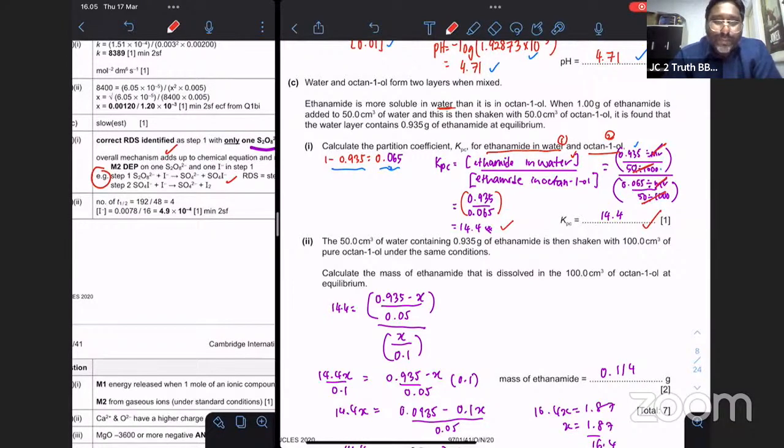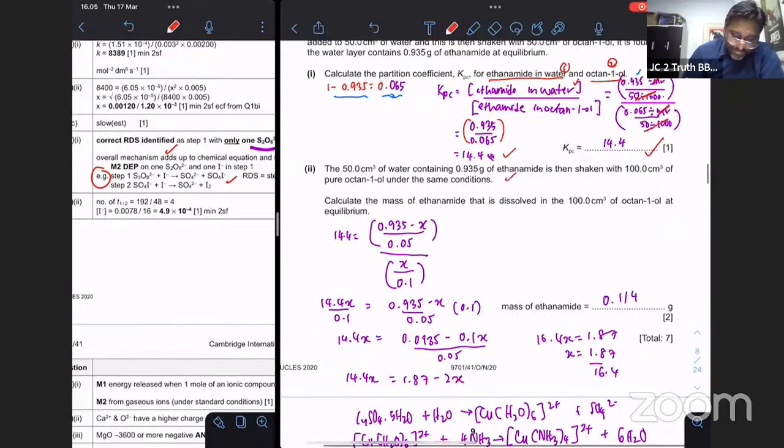So that is important. Now, this one is going to be slightly tricky. Do not go straight into this question thinking it's so easy, because first you are dealing with different volumes. You cannot simply cancel. You are taking 0.935 ethanamide, then shaking it with pure octan-1-ol. You know what the student will do?